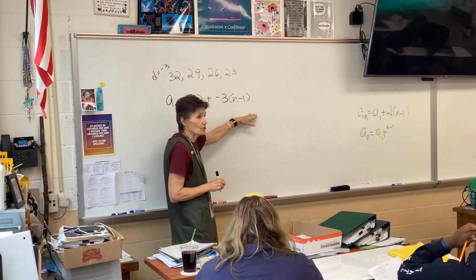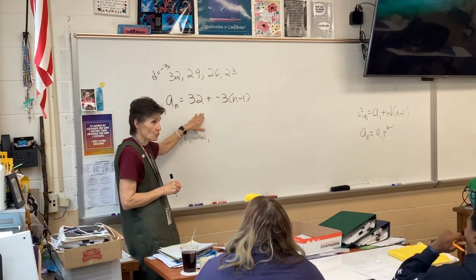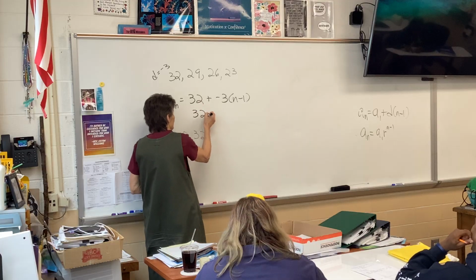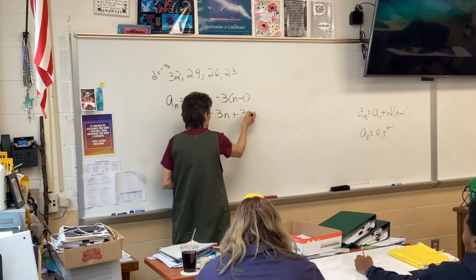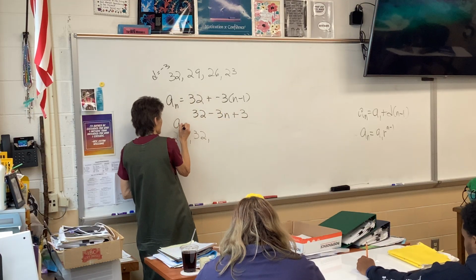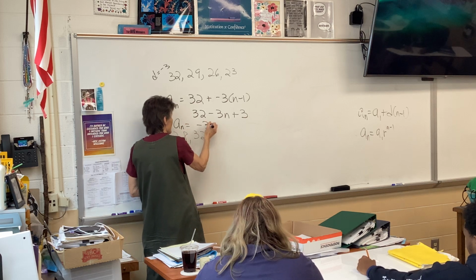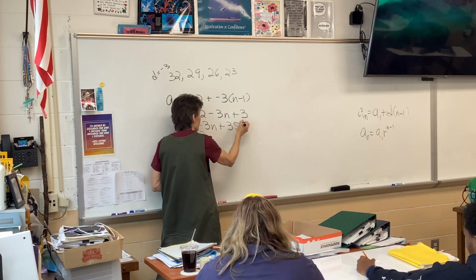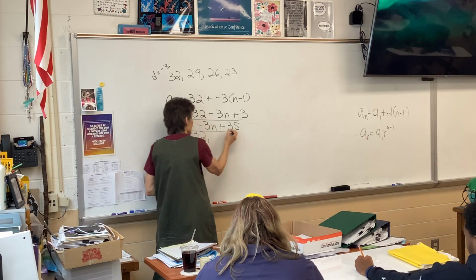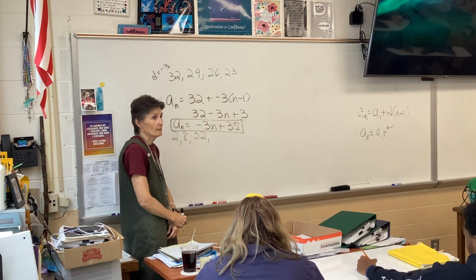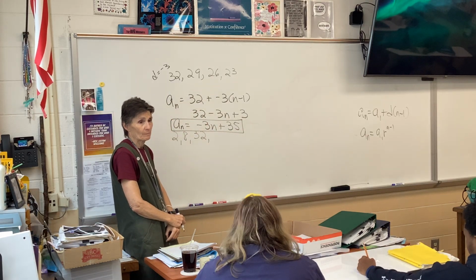Yes, I can distribute and collect like terms. So I have negative 3n plus 35. That right there is my explicit formula.